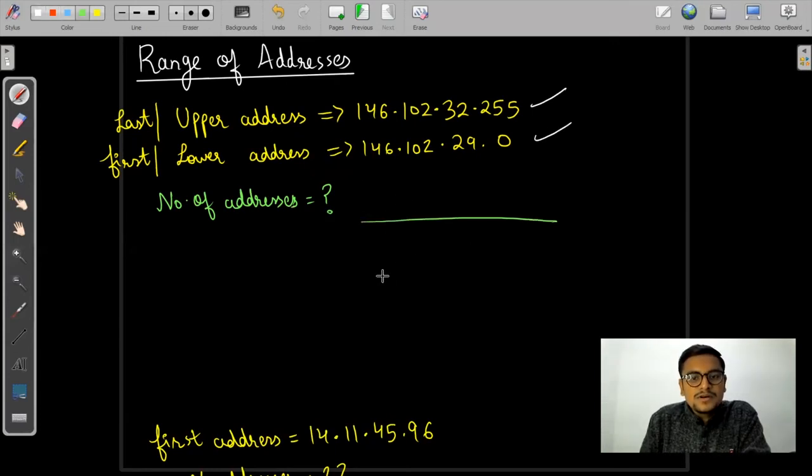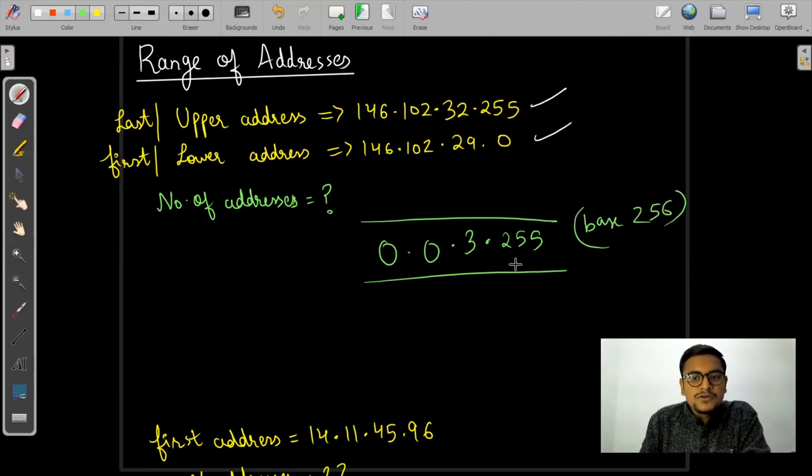So we'll first subtract upper minus lower. So 255 minus 0 is 255, 32 minus 29 is 3, 102 minus 102 is 0, and similarly this is 0. We have the number of addresses in base 256. So this is base 256.